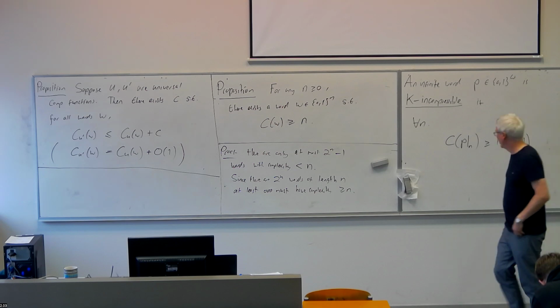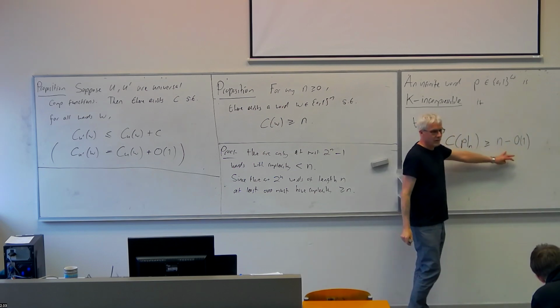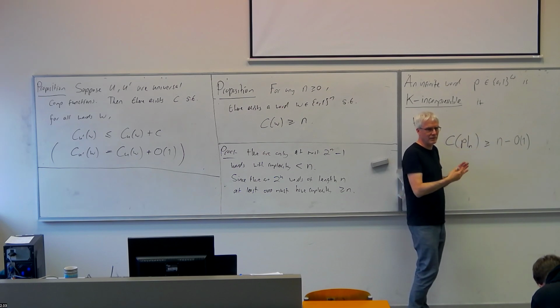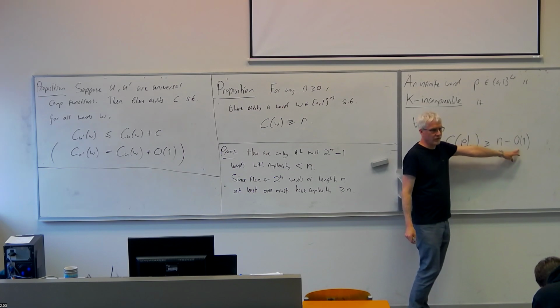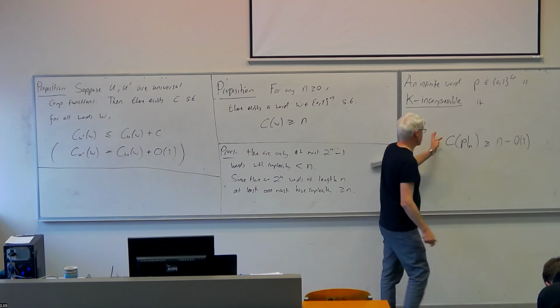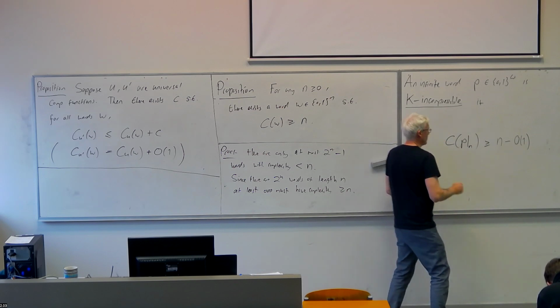So we're allowed to lose a few bits of data, we're allowed to compress it to something a little bit smaller, but we've got some single constant that is a bound on how far we can compress the prefixes. So this is the shorthand.